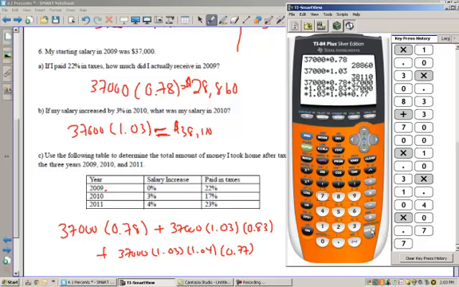So that gives me 77% of that year's salary left. Hit enter, and out pops my answer.